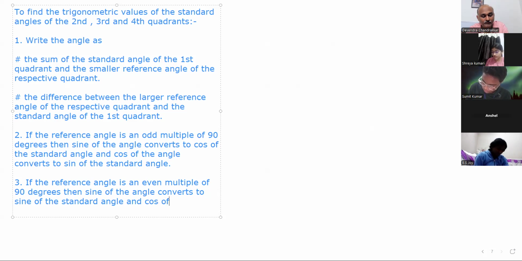And cos of the angle converts to the cos of the standard angle.